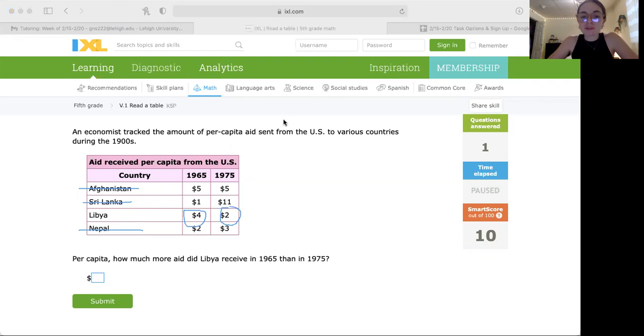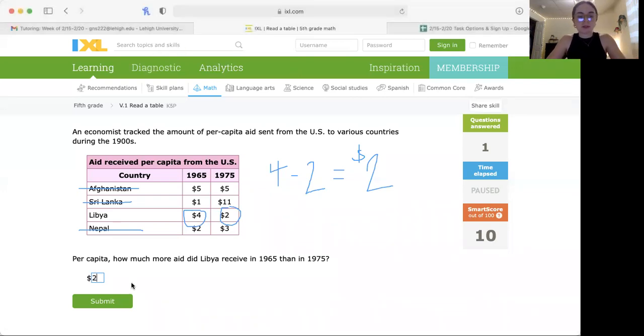So really what you just have to do is you subtract one from the other. So you do $4 minus $2 equals $2. That's the difference. So that's what you would put here. The answer is 2.